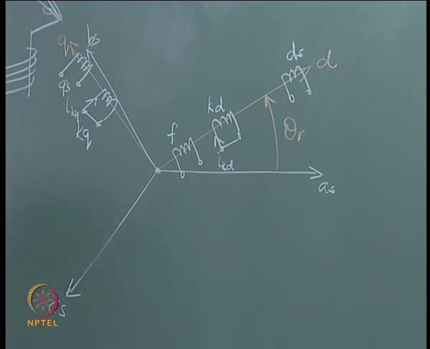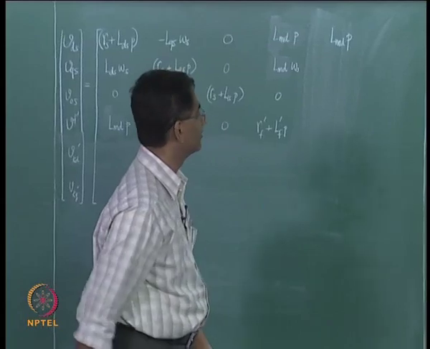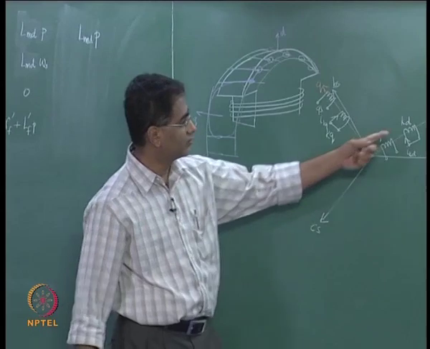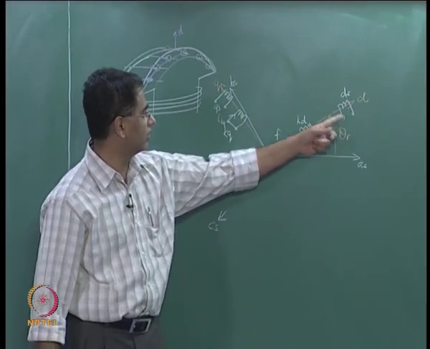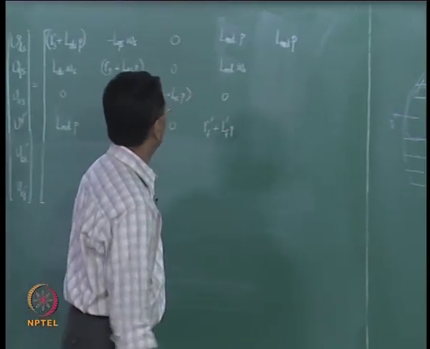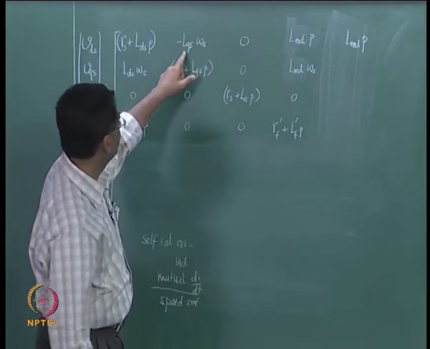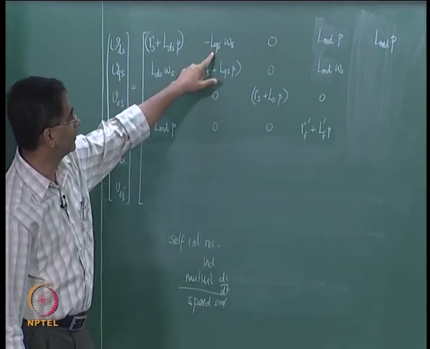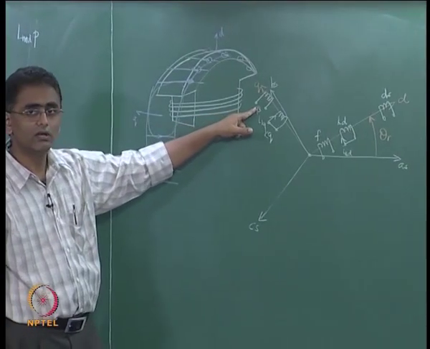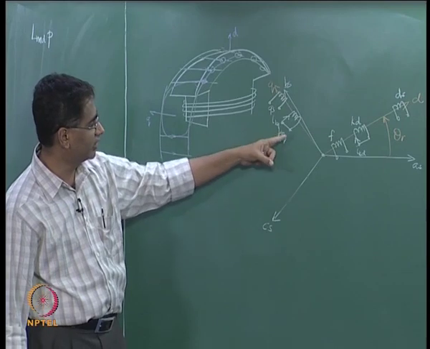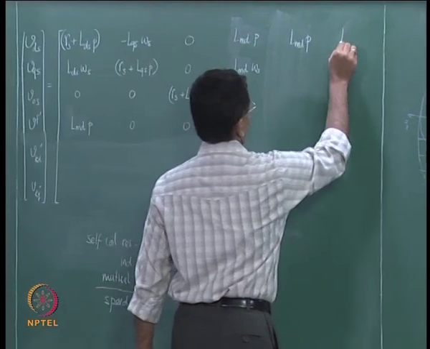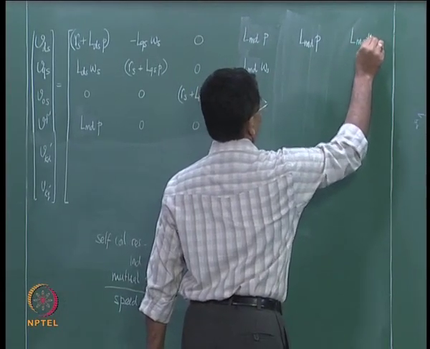We are moving away to the synchronous reference frame, and therefore it is fictitious, and therefore this will have speed EMF terms, and speed EMF terms will arise due to coils that are in the axis 90 degrees away. You already have one speed EMF term, that is minus LQS into omega s due to the QS coil, and now you need to provide another speed EMF term due to the KQ coil, and therefore this is LMQ into omega s.